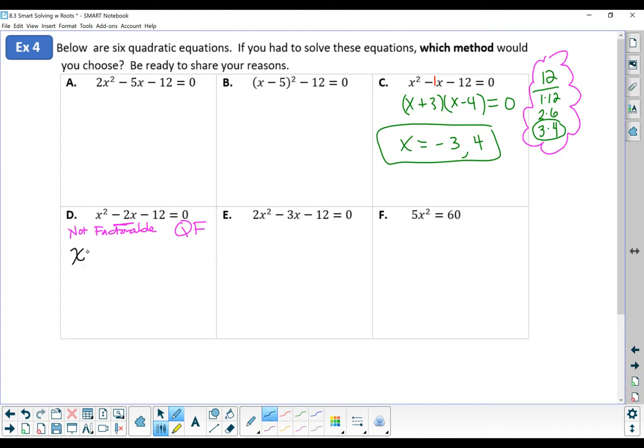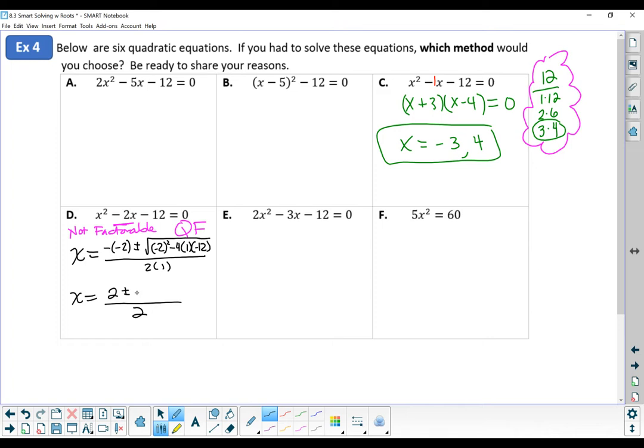So if we solved this one, it would be x equals negative b plus or minus the square root of b squared minus 4 times a times c, and that is all over 2a. And our root here, calculate that inside number: negative 2 squared minus 4 times 1 times negative 12.